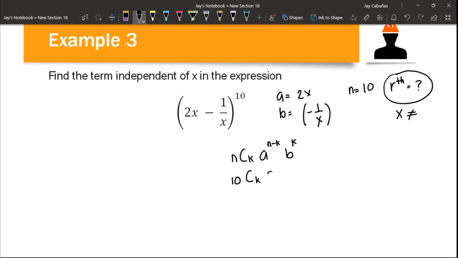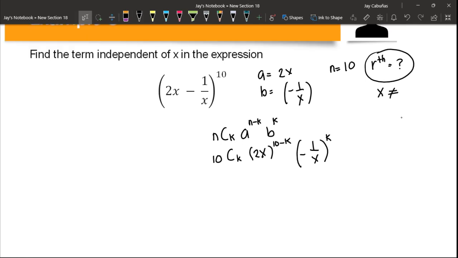Our a here is 2x raised to n minus k, so we have 10 minus k. Our b here is negative 1 over x raised to k. Now take note, we do not have the value of k here because, as we all know, k is equal to r minus 1, and r here is unknown.